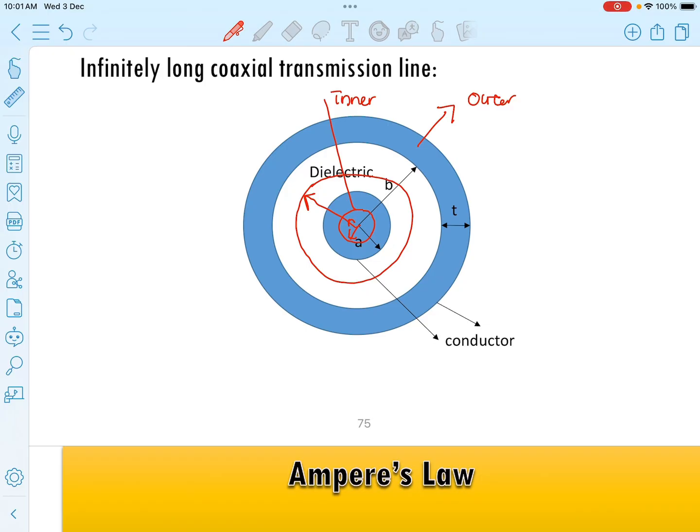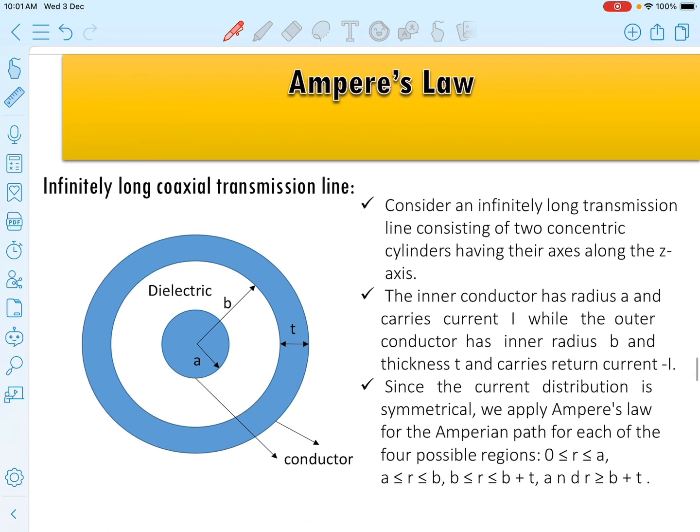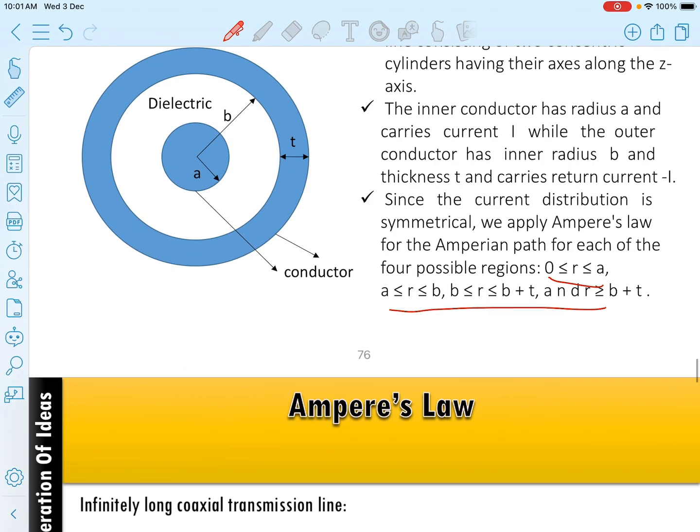Also we are going to see the magnetic field in the region between b and b plus d, and also outside of it, by using Ampere's law. So this is a description of the regions, and we are going to see what formula we can use to find the magnetic field.